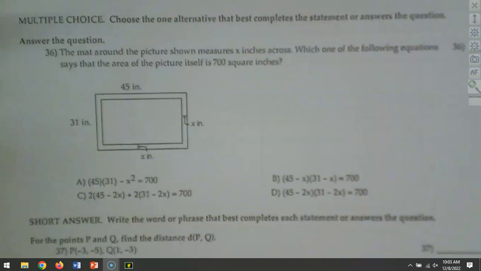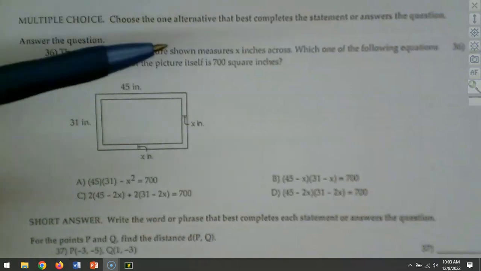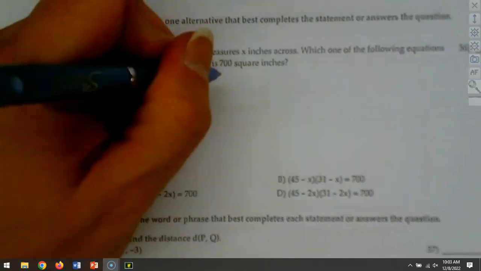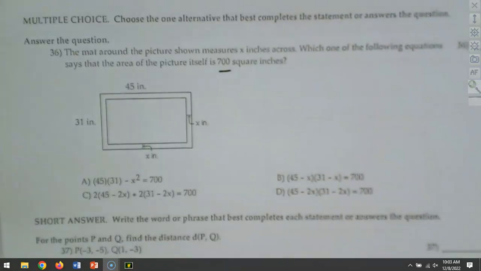And it says the mat around the picture shown is X inches across. Which of the following equations says the area itself is 700 square inches? So first off, we see this 700. So what does that mean? That means it should equal 700. So can we eliminate any of them yet? No, because they all equal 700.